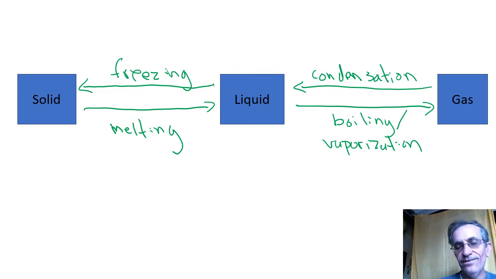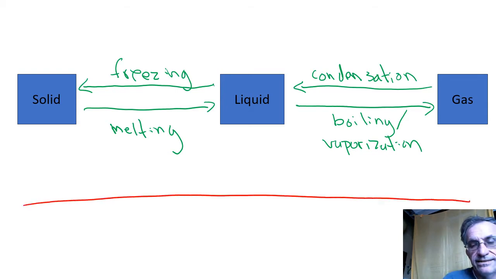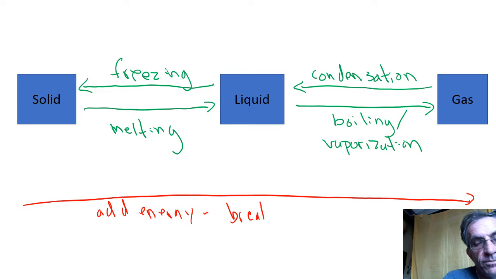All right, so we just spent all this time talking about intermolecular forces. Why is this related at all? Well, the reason is as we go across to the right, as we go from a solid to a liquid, ice to water, or liquid to a gas, boiling water, you have to add energy. And what you're doing with that energy is breaking the intermolecular forces between molecules.